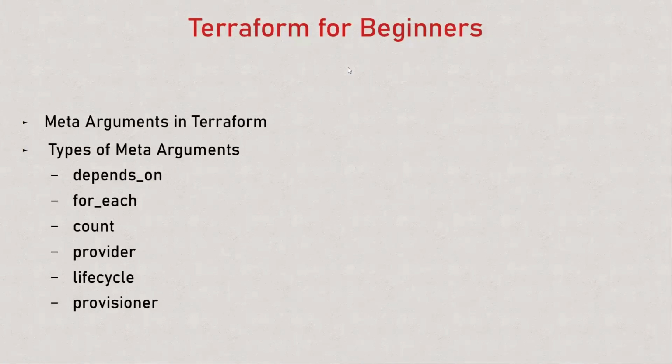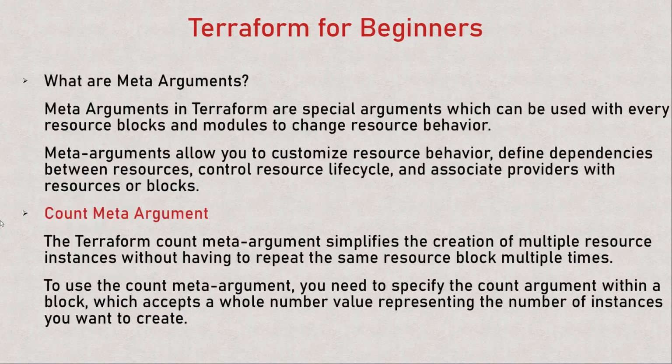So friends, before we get into a demo session, let's first understand from a theoretical perspective what meta arguments in Terraform are, and the meta argument count. So what are meta arguments? Meta arguments in Terraform are special arguments which can be used with every resource block and modules to change the resource behavior.